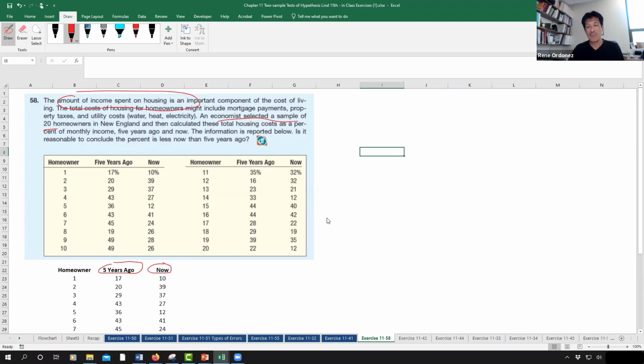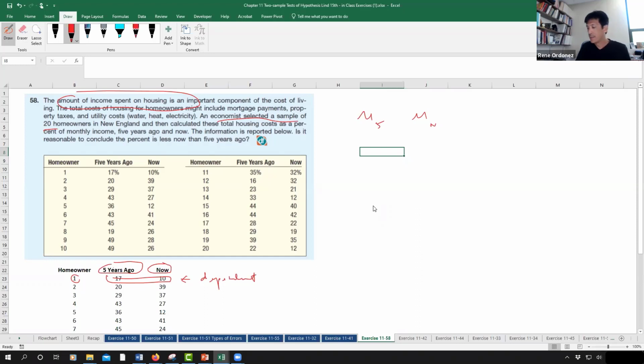Essentially they want to compare the mean of the percent of income spent on housing 5 years ago versus the mean now. Because the observations are paired or matched in terms of the homeowner, these samples are dependent.